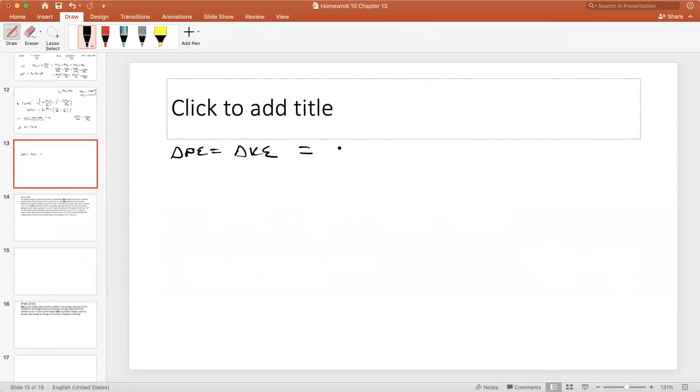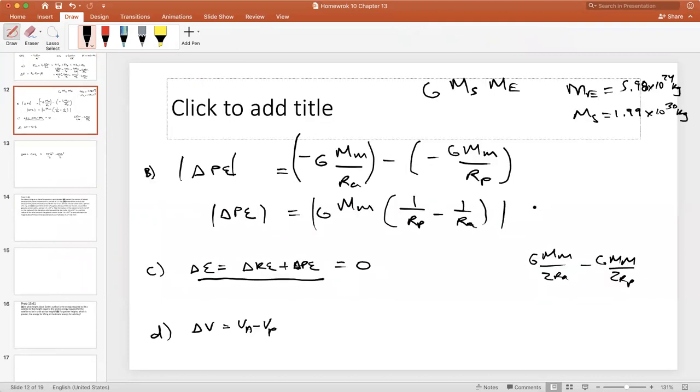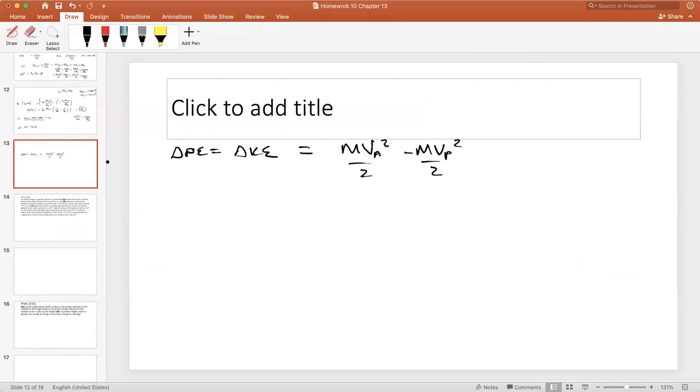And we know that the change in kinetic energy is m vA squared over 2 minus m vP squared over 2. We know this is a number that we found here. Whatever that number is, delta KE.